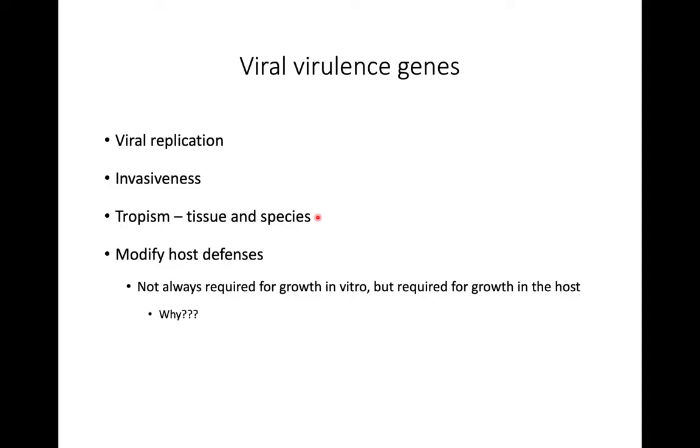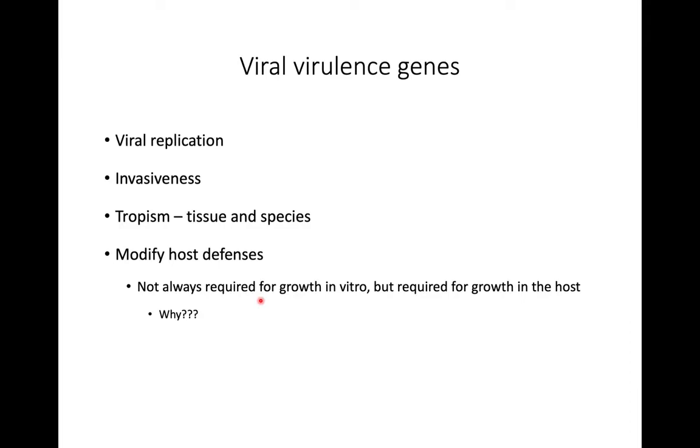And of course, under this umbrella of virulence genes are the viral genes that are going to modify host defenses. And like with bacteria, this is a really big goal of many viruses. As we saw in the diagram on the last slide, some genes are not always required for growth in vitro, but they may be required for growth in the host.